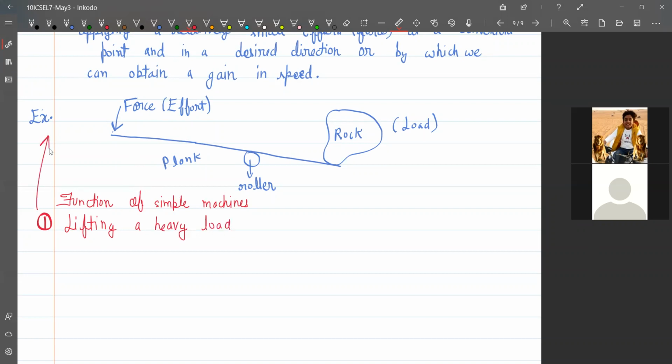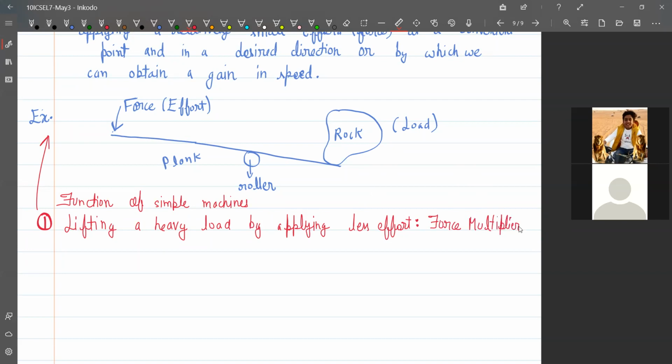For this, the example was here. Lifting a heavy load by applying less effort. This type of machine is called a force multiplier. They will multiply your force.